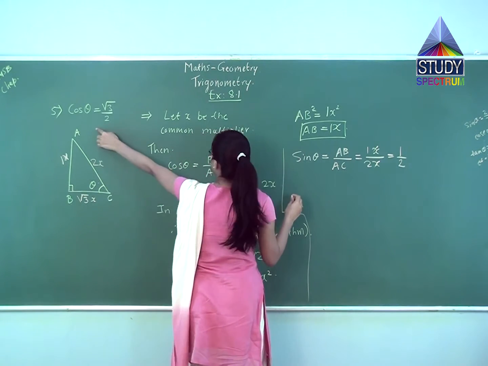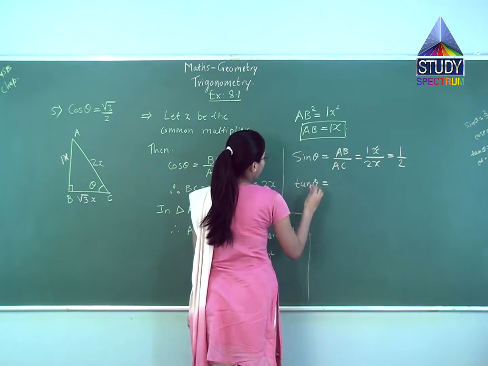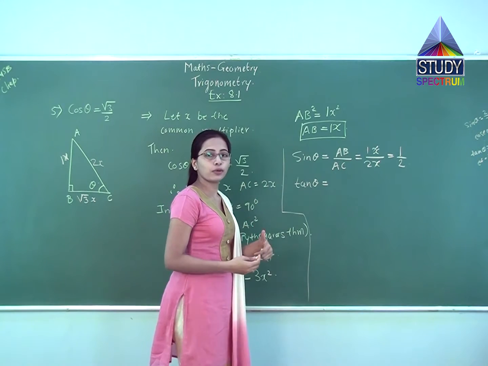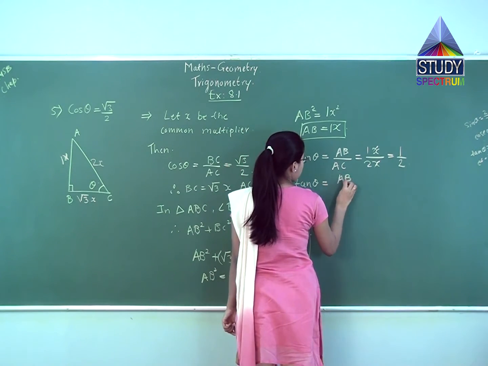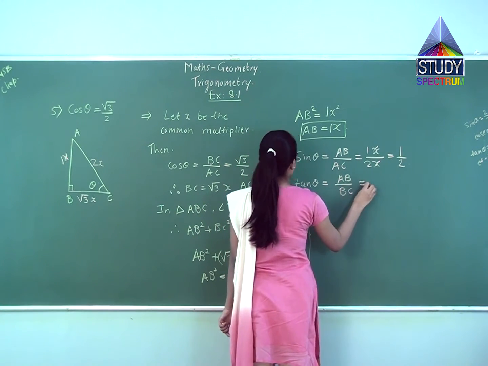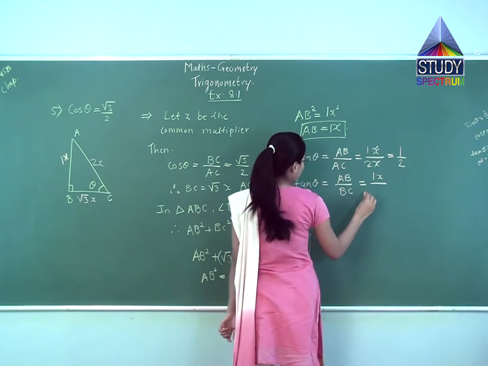Then second ratio cos is given, so I will directly take tan theta. Formula for tan is opposite side upon adjacent side. So opposite side is AB, adjacent side is BC. AB is 1x, then BC is root 3x.